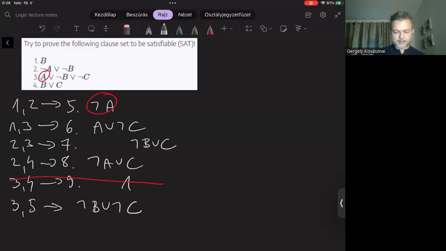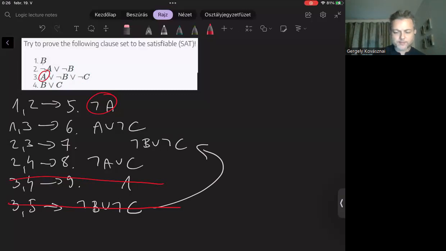I just realized that here, when we resolved number 2 and 3, the resolvent should have been not B or not C exactly. And therefore, I've just generated the same clause, which does not make sense. So we can just ignore this step as well.